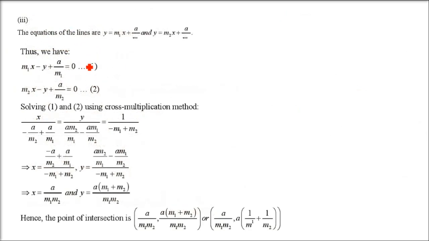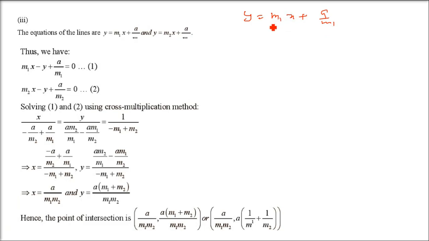The third one, same thing. So we have y equals mx plus c form, but we need to convert it into the ax plus by plus c form. So y equals m1x plus a by m1. Now take this y on the right hand side. If you want to multiply it with m1, that is good, but you'll get an m1 square.